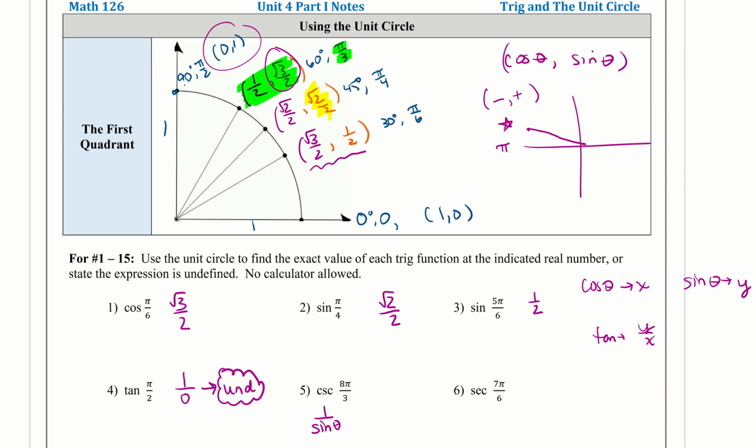This gets a little bit tricky here because 8 pi over 3 is more than 2 pi. In fact, if I want to see where this would be, let's remove 2 pi from that to find a coterminal angle, and I end up with 2 pi over 3. Well, 2 pi over 3 is here in the second quadrant, and in that quadrant, sine is positive.